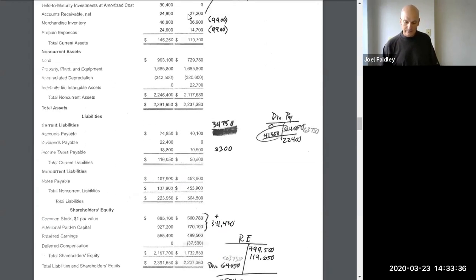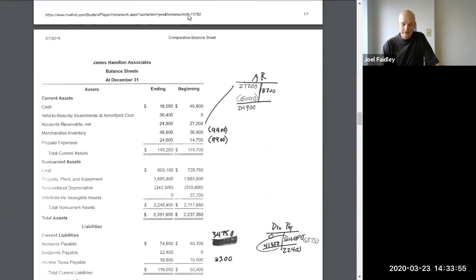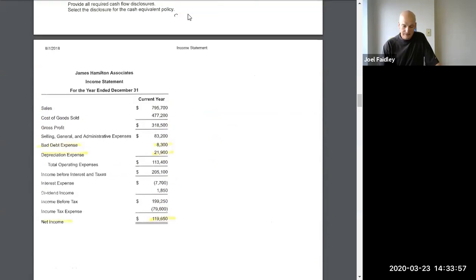So that's where, again, I was off a little bit. That's why I've got that marked out, not 64. It should be 63,750. So if that was 63,750, how do I get to 22,400? 41,350 must have been paid out of dividends payable, and that's what's relevant. 41,350. Got to be careful.